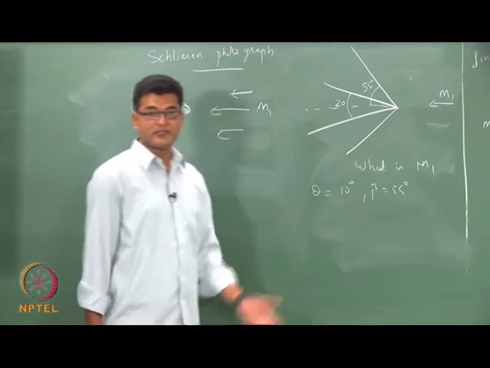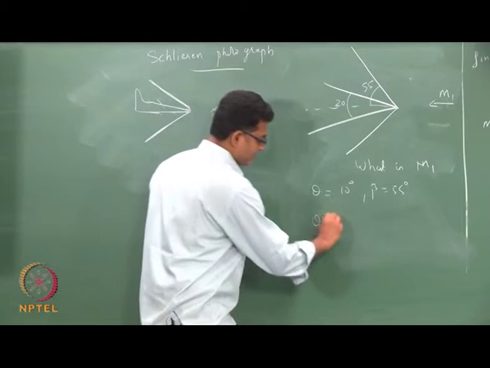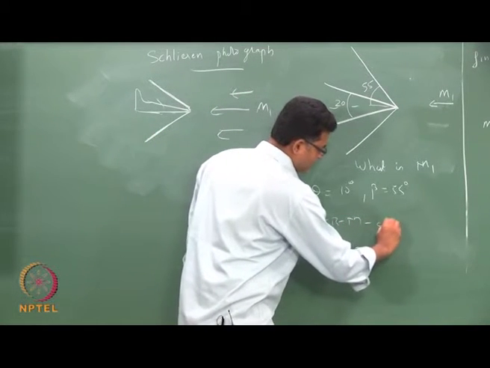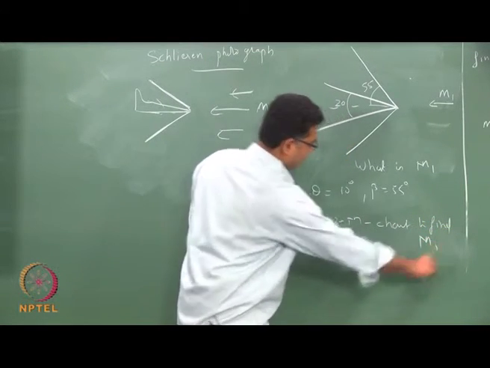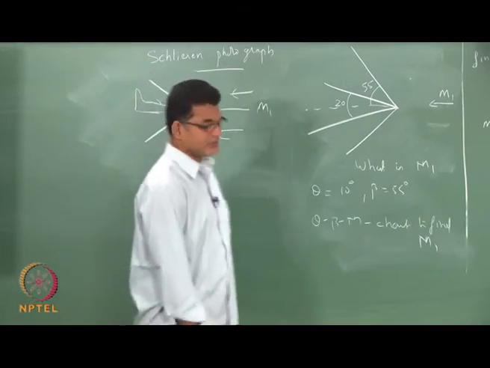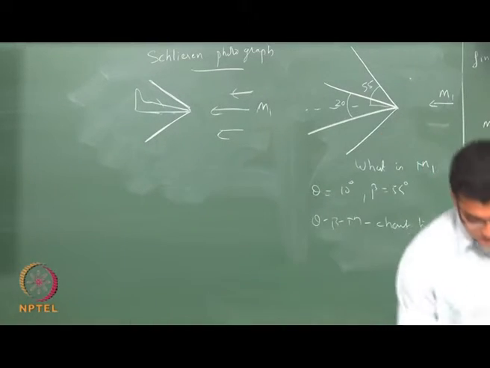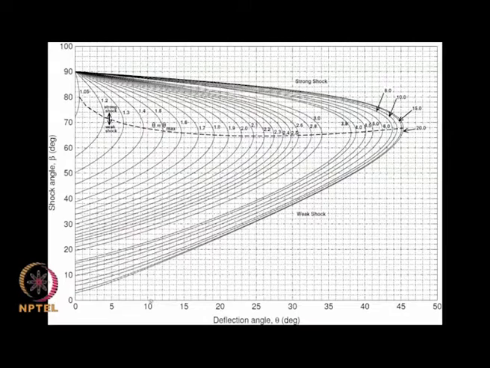The moment you know this, use your theta-beta-M chart to find your M. So, all I do is I go to the chart, take the deflection angle 10 degrees and see where it crosses the value 55. So, it crosses somewhere here. So, this is the point where my deflection angle is 10 degrees and shock angle 55.